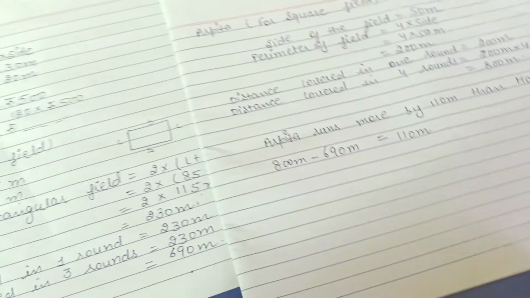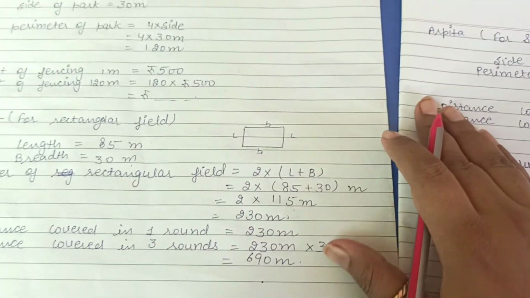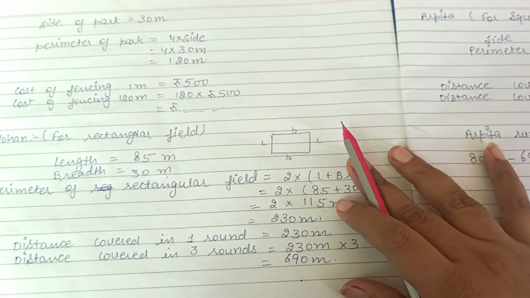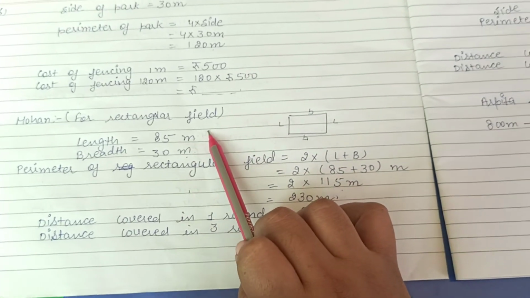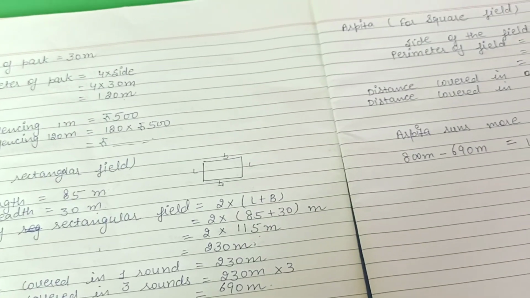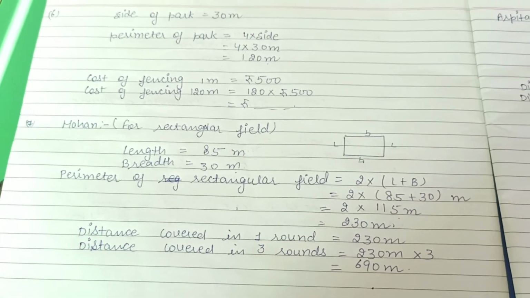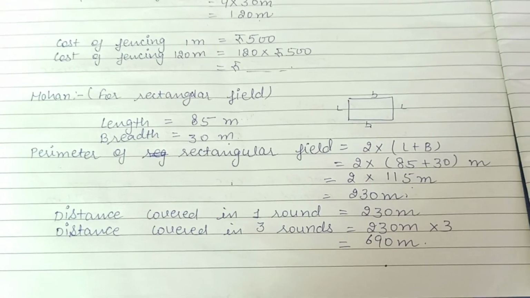So is the question clear to all? See, in this question, let me explain once again. In this question, they are discussing two different fields. One field is rectangular in shape and the second field is square in shape, right? About the rectangular field, the length is 85 meter and breadth is 30 meter.